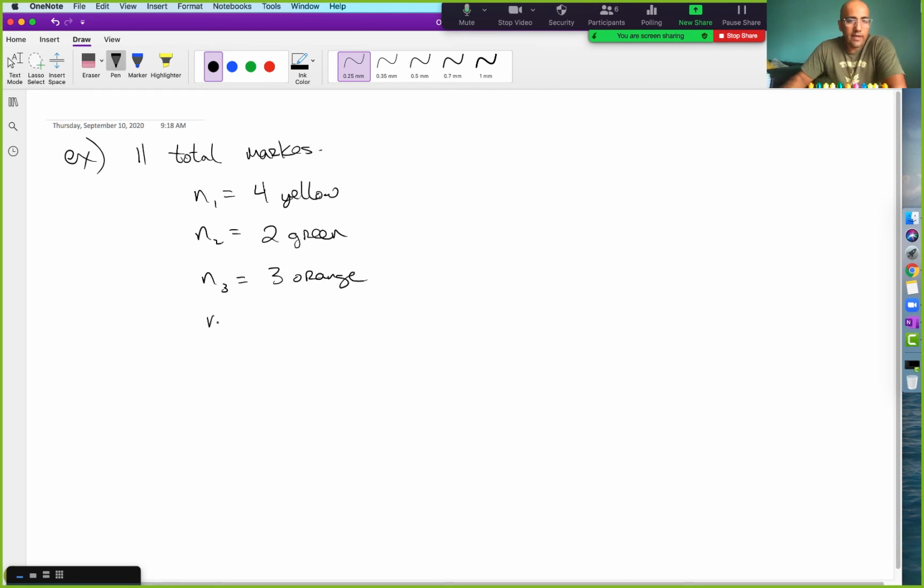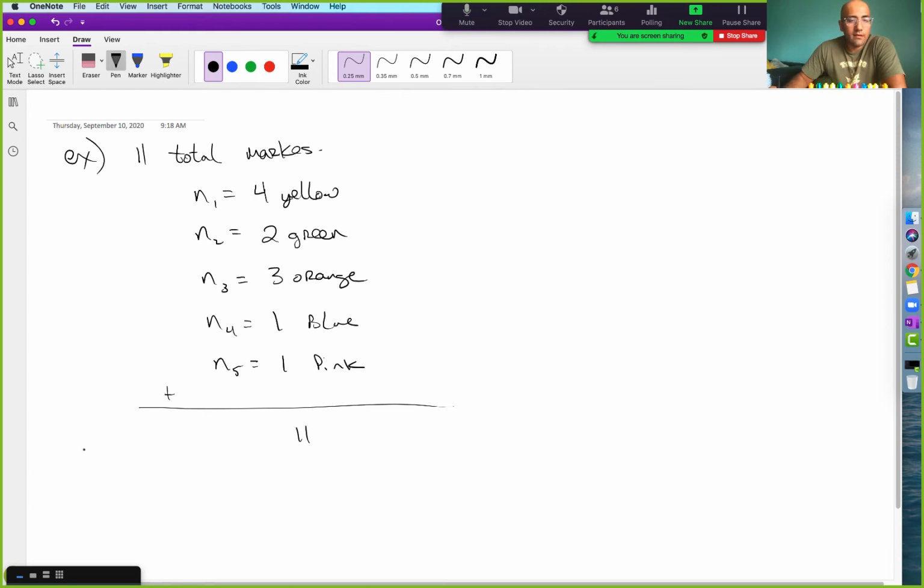Then we have n sub 4 equals 1 blue one, and n sub 5 equals 1 pink one. And then it adds up to, let's see, that's 6, 10, 11. 11 total markers, right?